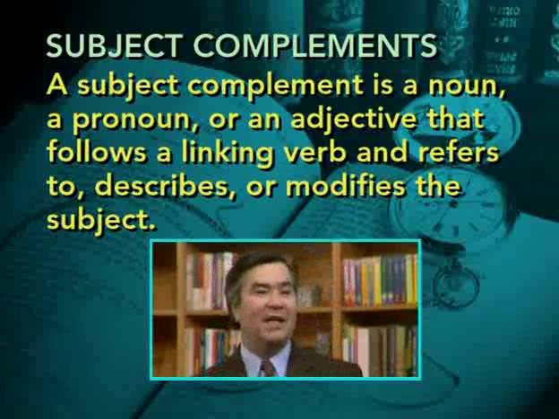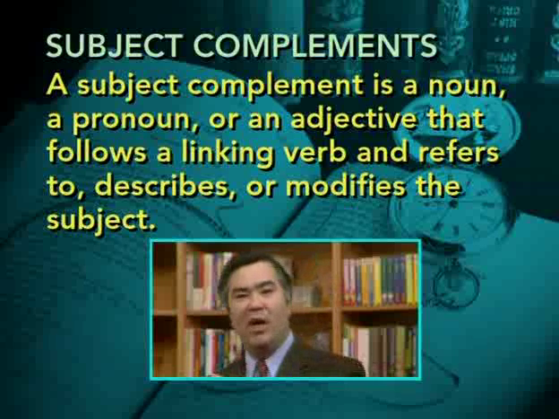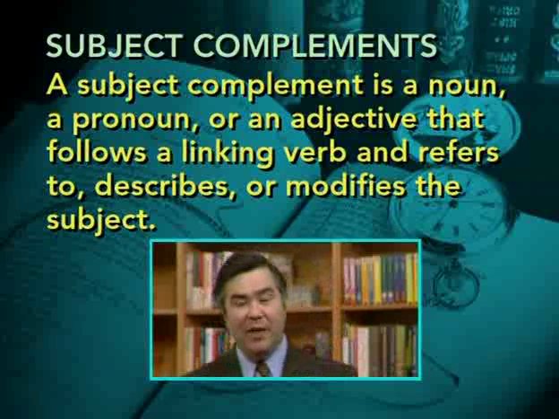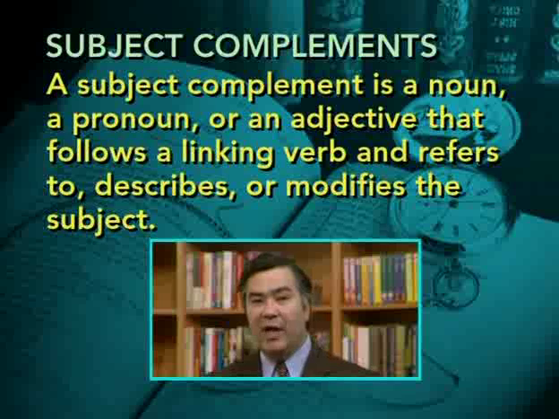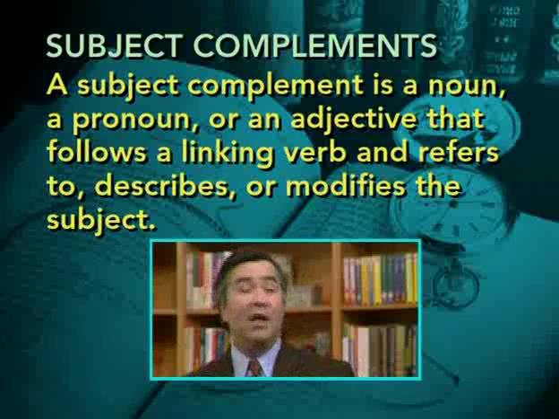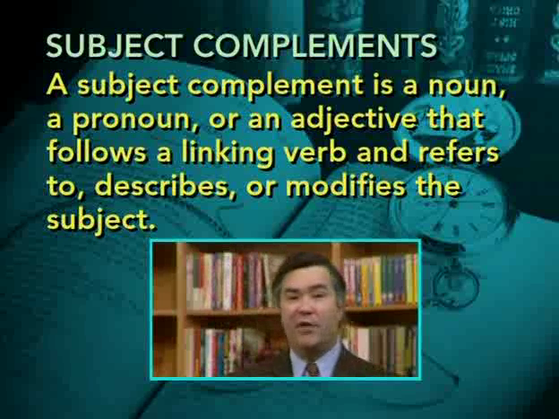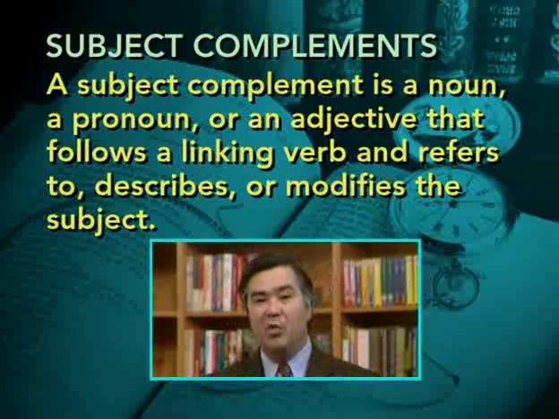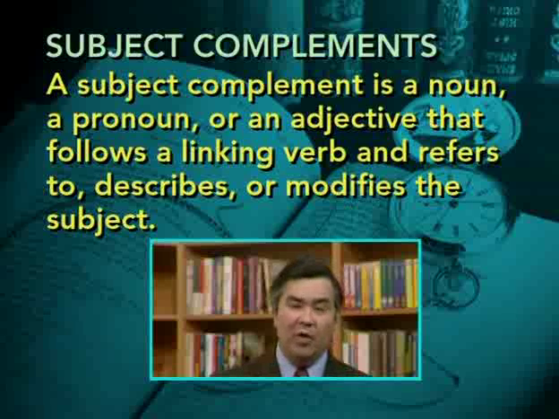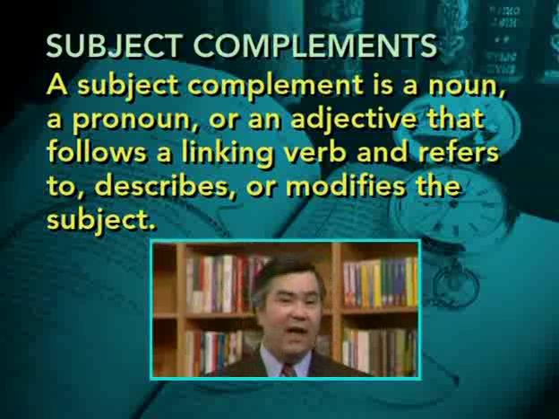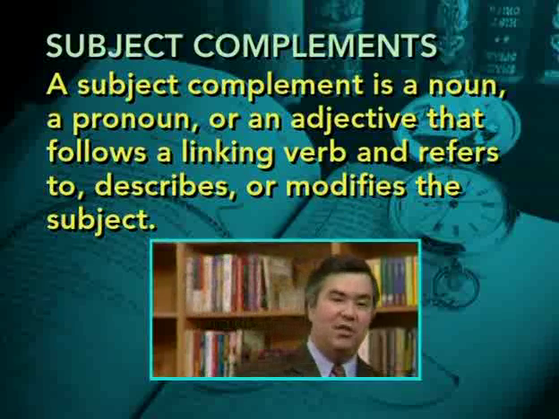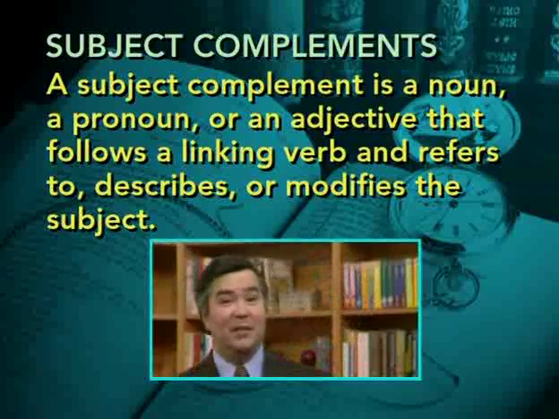We're being told that the subject is what follows the linking verb. Well, what follows the linking verb is a subject complement, and it will be either a noun or a pronoun or an adjective. Of course, other modifying words and phrases may be added, but when you're looking for the subject complement, you want to look for a noun, a pronoun, or an adjective following the linking verb, which is in some way being equated to or linked to the subject.